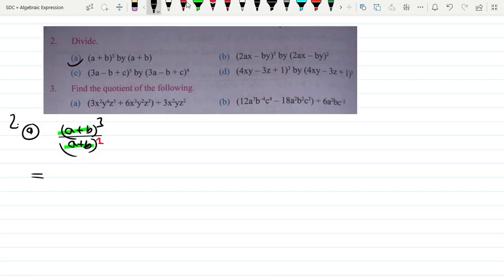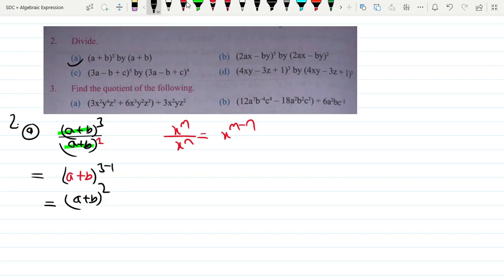When two terms with the same base are divided, their powers get subtracted, so x power m minus n. Same thing we do here: (a plus b) whole power 3 minus 1. So we get (a plus b) whole square, and that is the answer.